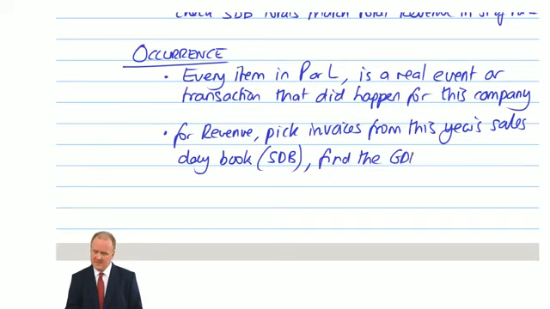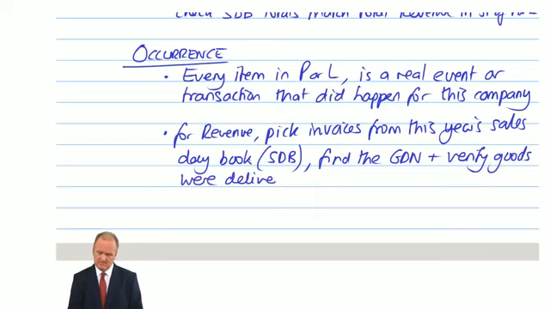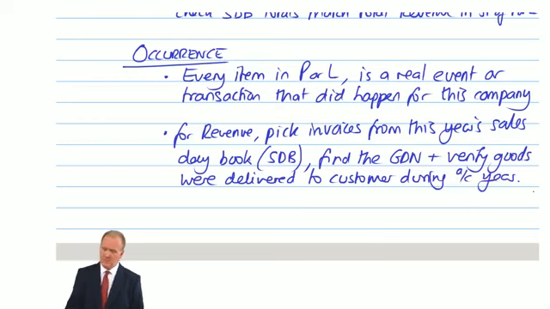Find the goods dispatch note and verify goods were delivered to customers during the accounting year, which would prove that those sales did occur.